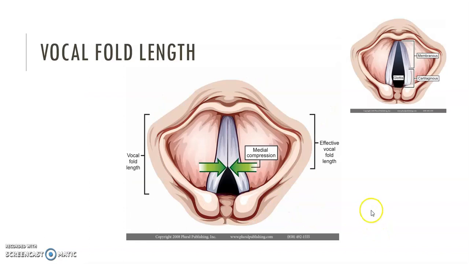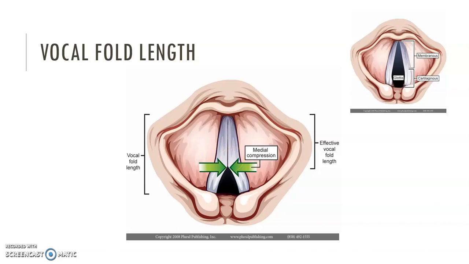Okay, so the next slide, we have this title, vocal fold length. What do I mean by that? Well, the whole vocal folds go from the thyroid to the arytenoids. But in practice, we often talk about the effective vocal fold length. The part that's actually vibrating and touching is the effective length of the vocal folds.